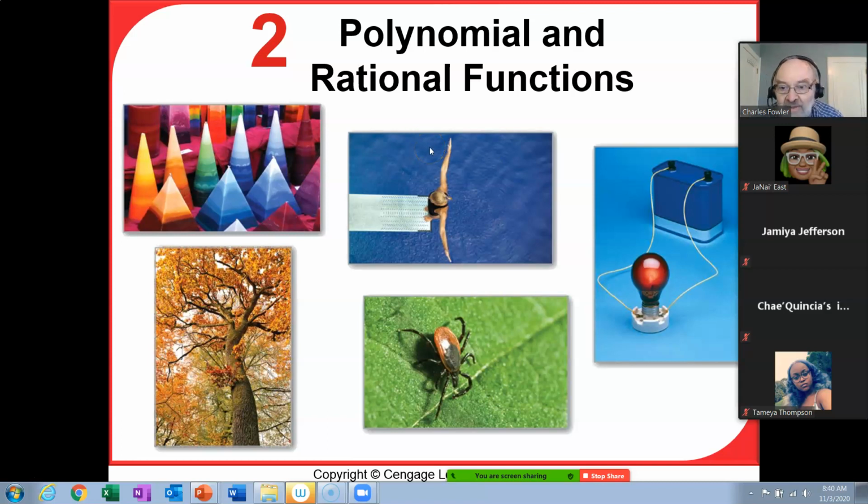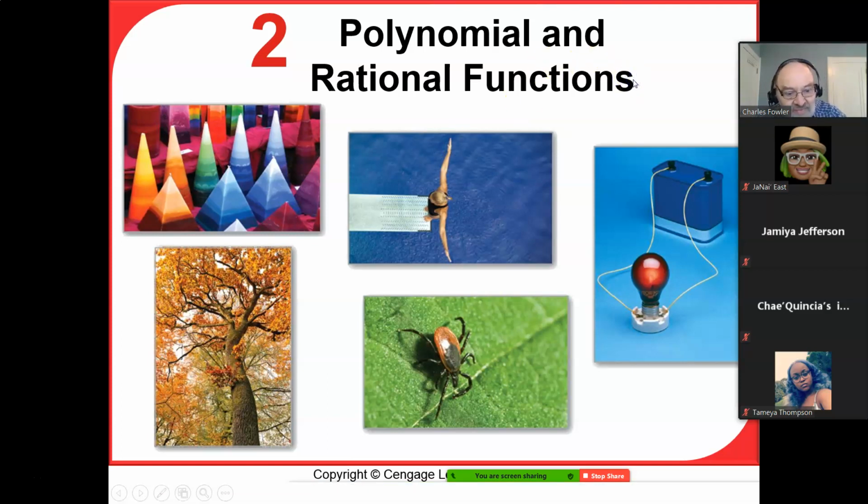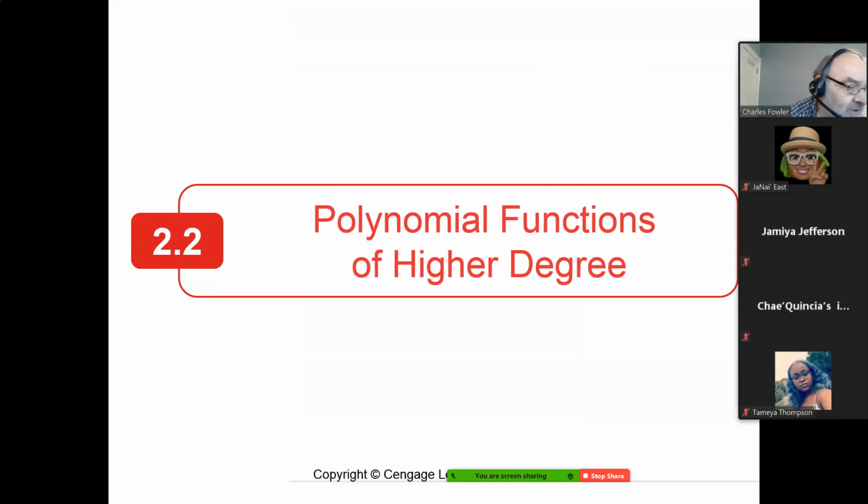So we're dealing with Chapter 2, Polynomial and Rational Functions. I can't get the screen to advance. There we go. We're starting today Section 2.2, Polynomial Functions of Higher Degree. Now what do we mean by higher degree? Well, in 2.1 we dealt with quadratic functions, which are degree 2. Now we're going to deal with polynomial functions of higher degree, 3 or more.